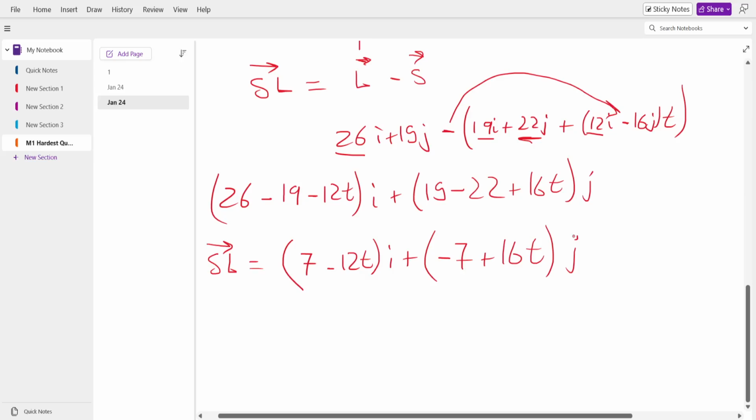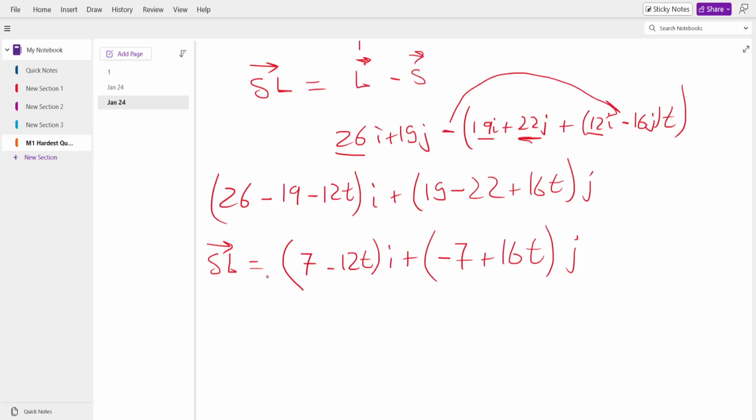So this is basically the vector which shows the displacement between S and L at any given t. If I want to check the displacement when t equals 1, I will plug in 1 here, and it will give me the vector which shows the displacement.